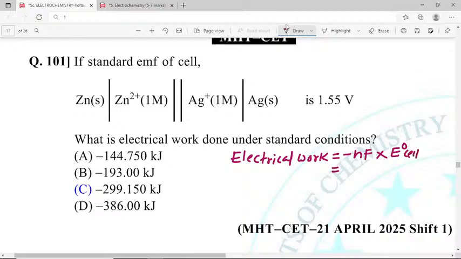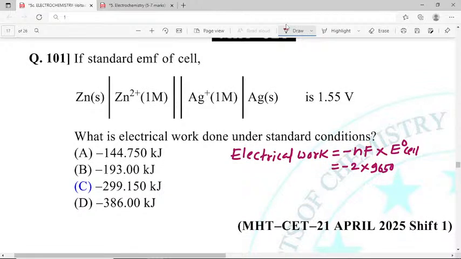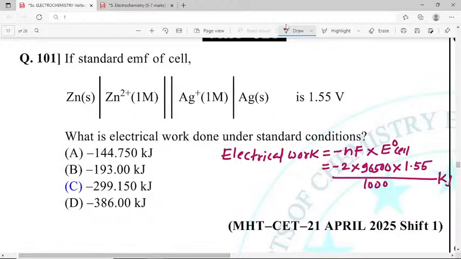What is the number of electrons transferred here? 2. 96500 multiplied by E cell 1.55, and this whole divided by 1000 will give the kilojoule. Please solve it. We will get the answer nearly minus 300.